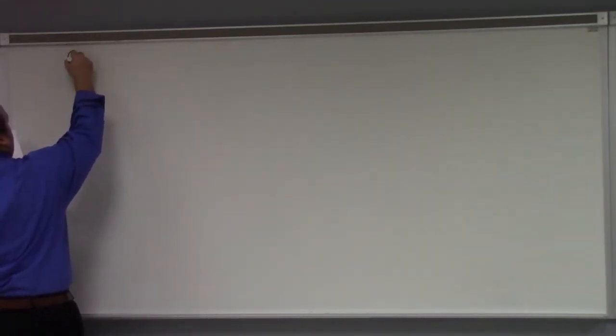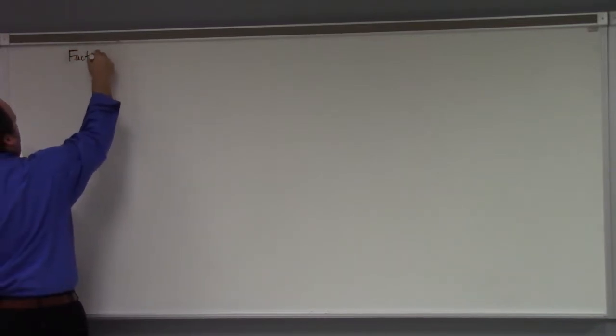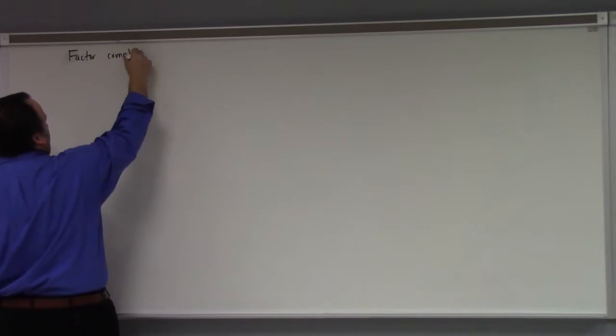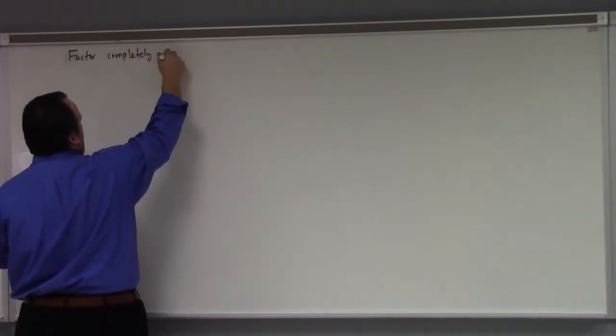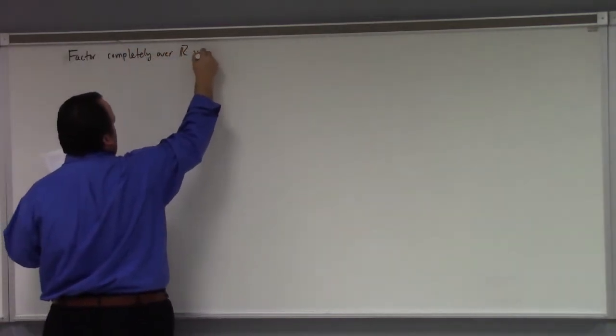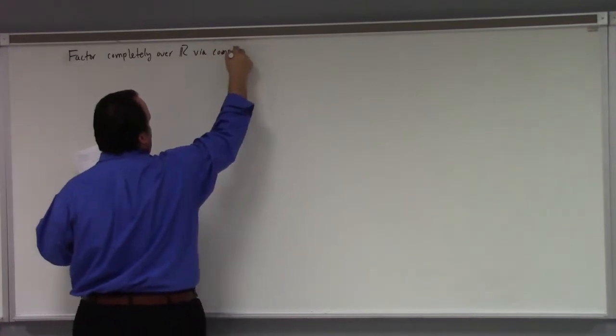So let me do one of the examples on the quiz just to illustrate completing the square. So let's talk about factor completely over R via completing the square.